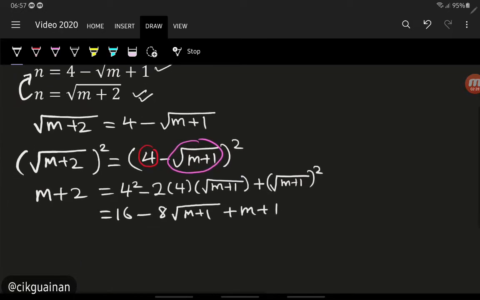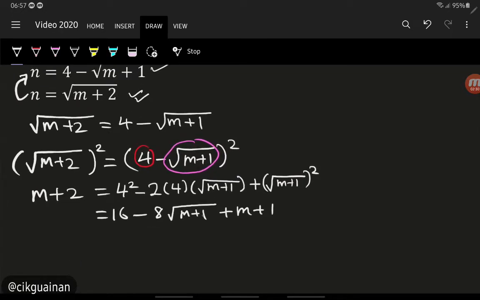So we still have one square root over there. That's fine. So what we do is we isolate the square root over to the left hand side. So this 8 square root of m plus 1 will be over here.